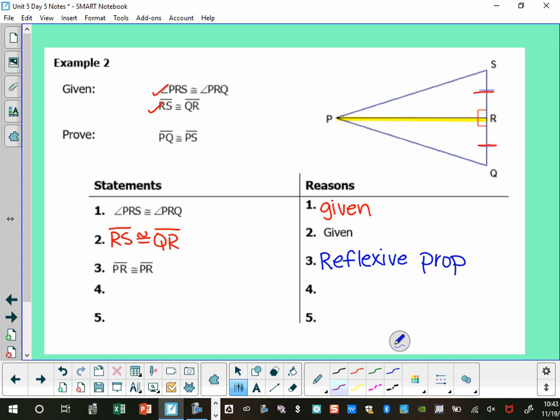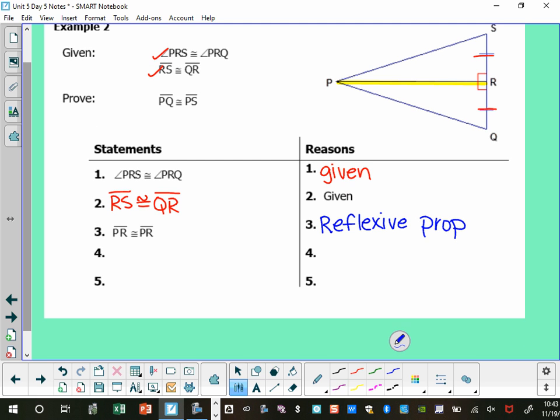Alright, so now the last 2, they want us to come up with the statements and the reason. I at least know what I'm trying to prove. I can put that in very last. I'm trying to prove that PQ is congruent to PS. Okay, so we at least can put that one in there. Whatever you're trying to prove always goes last.